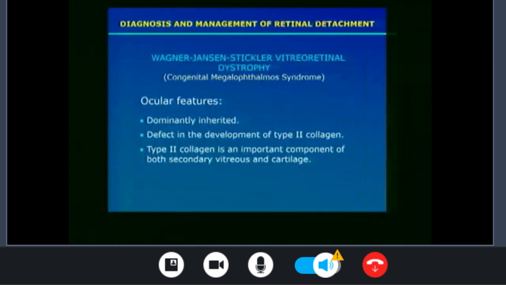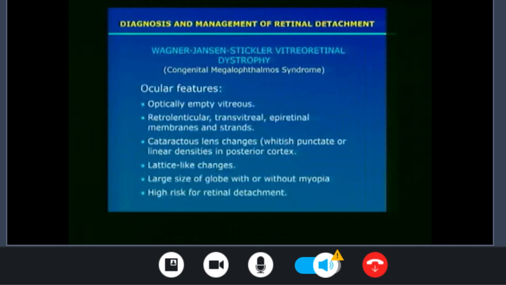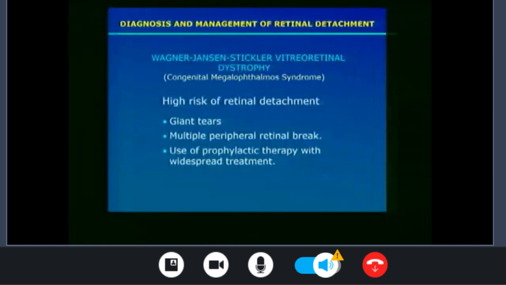There is a defect in development of type 2 collagen, and the children have an optically empty vitreous. When you look carefully with indirect ophthalmoscopy, there are a lot of transvitreal membranes. They can have cataract, lattice-like changes. The globe is large, with a very long axial length, and the risk of detachment is very high.